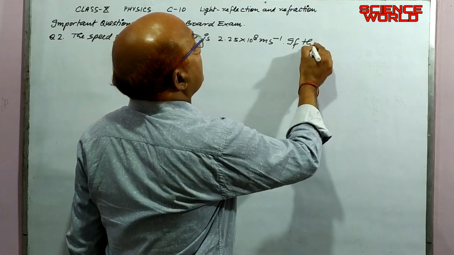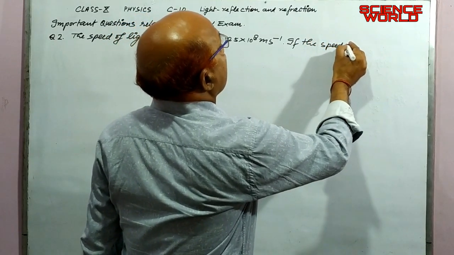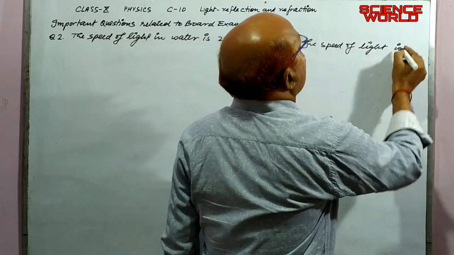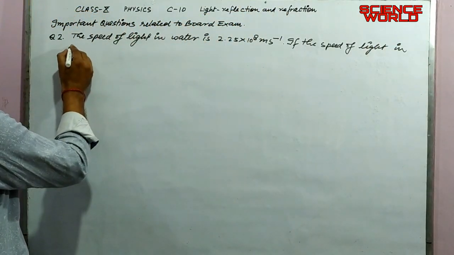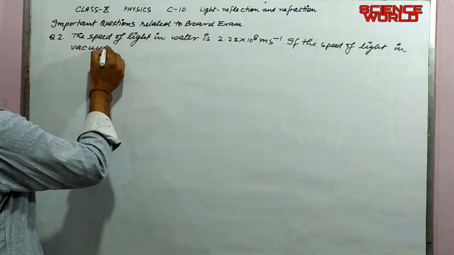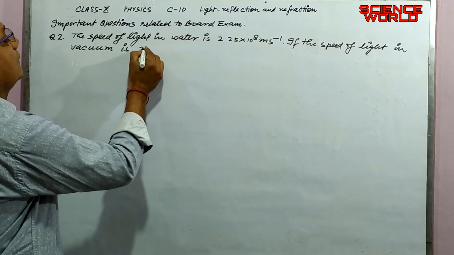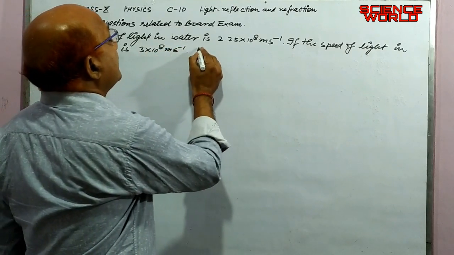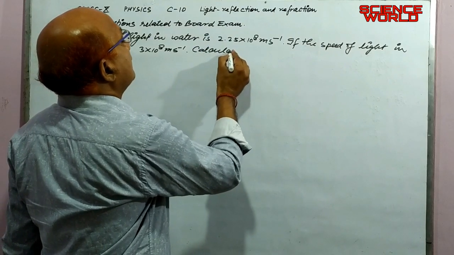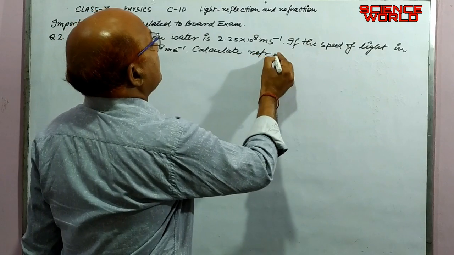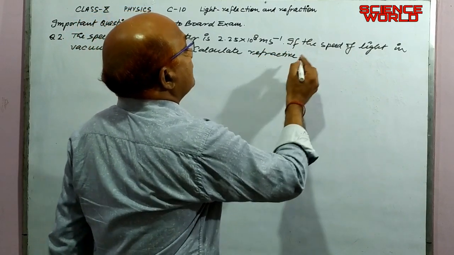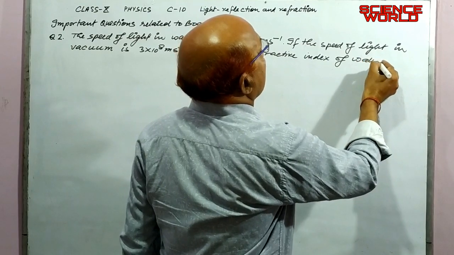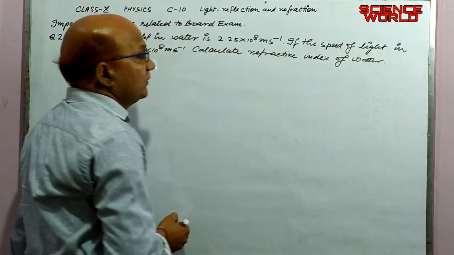If the speed of light in vacuum is 3 into 10 to the power 8 meter per second, calculate refractive index of water. Okay. This is the question.